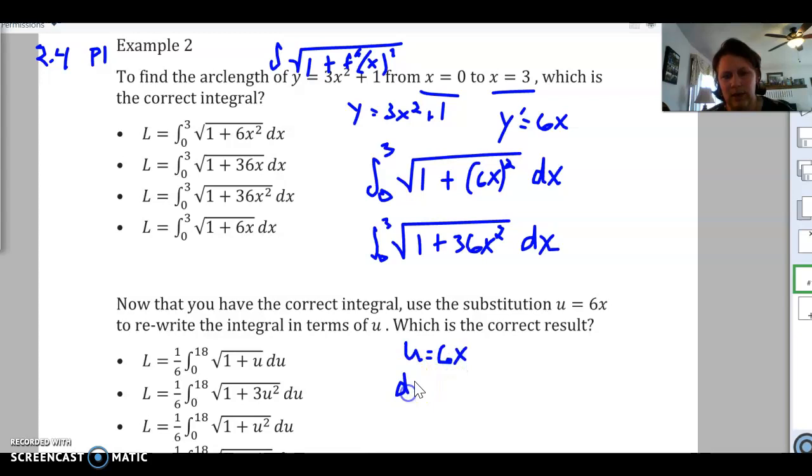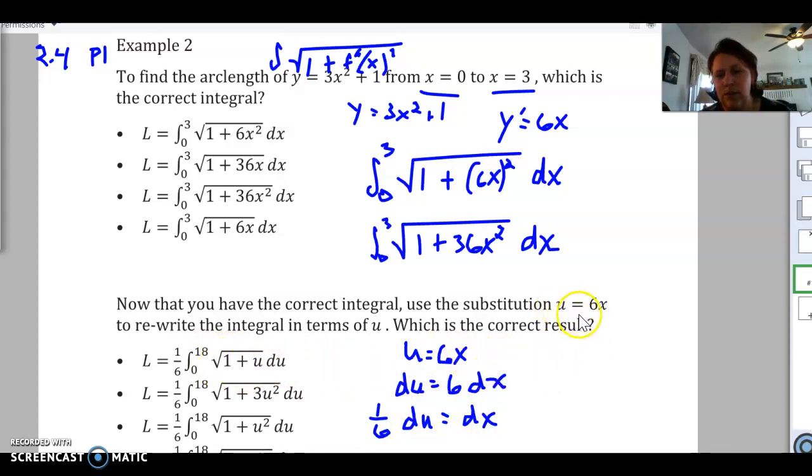Okay, so they want us to use u equals 6x. So we would need to find du. du would equal 6 dx. We don't have any 6 up here to take the place of that, so we're going to solve for dx. And we know now that dx equals 1/6 du. And we can make that substitution. Also, we will need to change our limits of integration.